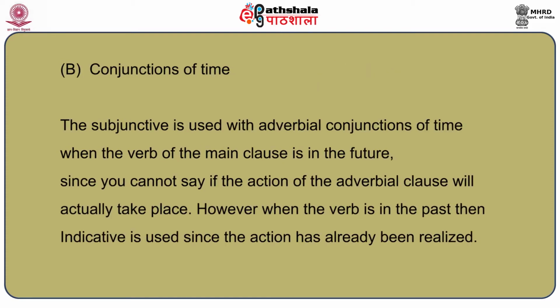Coming to the next set of subjunctive uses with the conjunctions of time. The subjunctive is used with adverbial conjunctions of time when the verb of the main clause is in the future, since you cannot say if the action of the adverbial clause will actually take place. However, when the verb is in the past, then indicative is used since the action has already been realized.